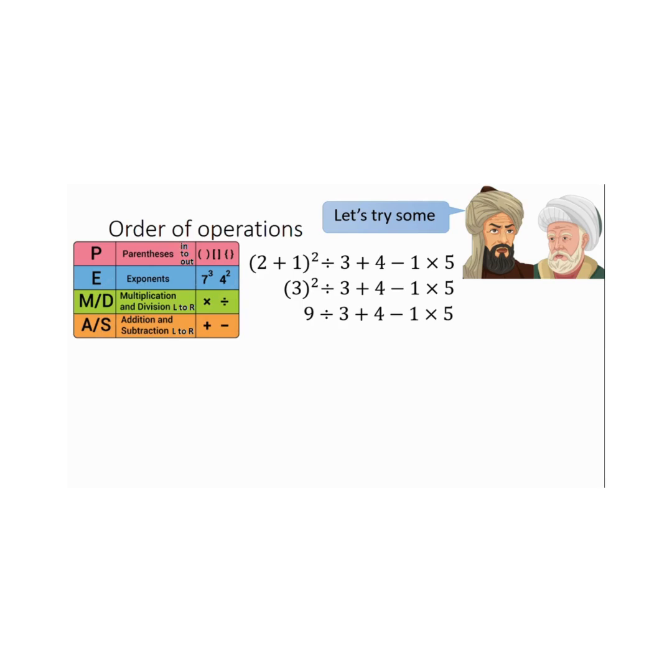We start at the left, so the first one we see is the division. 9 divided by 3, that's 3. Now we have to do the multiplication, that's 1 times 5, which is 5. Now we have only addition and subtraction, and we do those left to right. So 3 plus 4 is 7, and then 7 minus 5 is 2. And that's our answer.